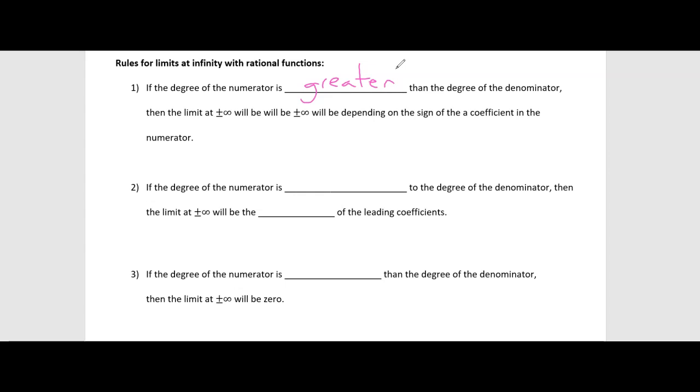Case number 2. If the degree of the numerator is blank to the degree of the denominator, then the limit at positive or negative infinity will be the blank of the leading coefficients. So if the degree of the numerator is equal to the degree of the denominator, then the limit at positive or negative infinity will be the ratio of the leading coefficients.